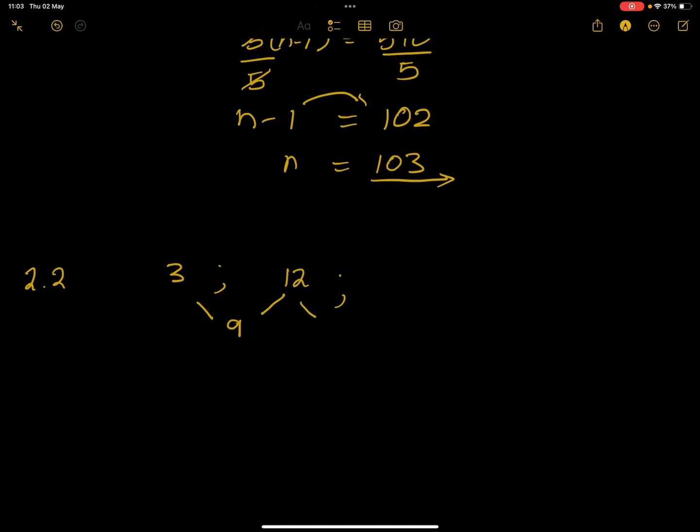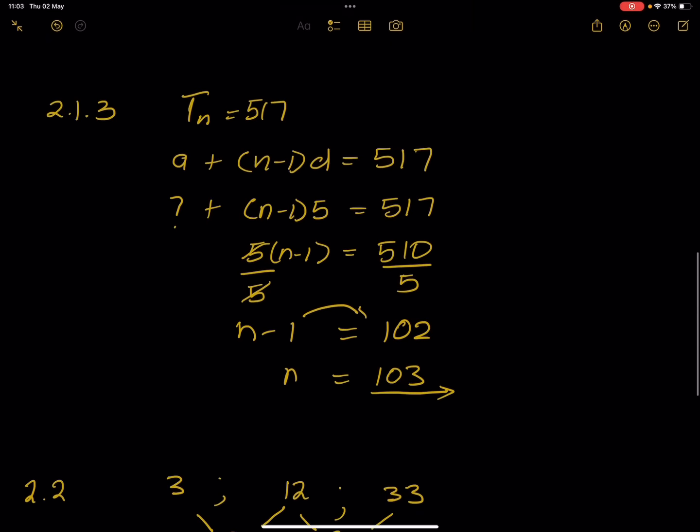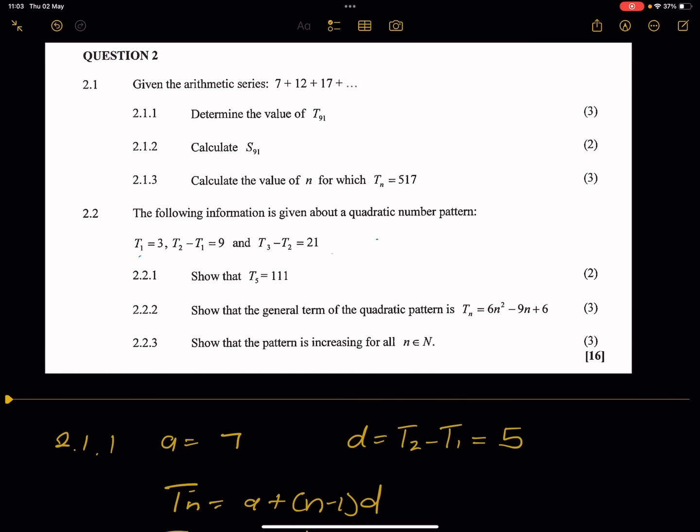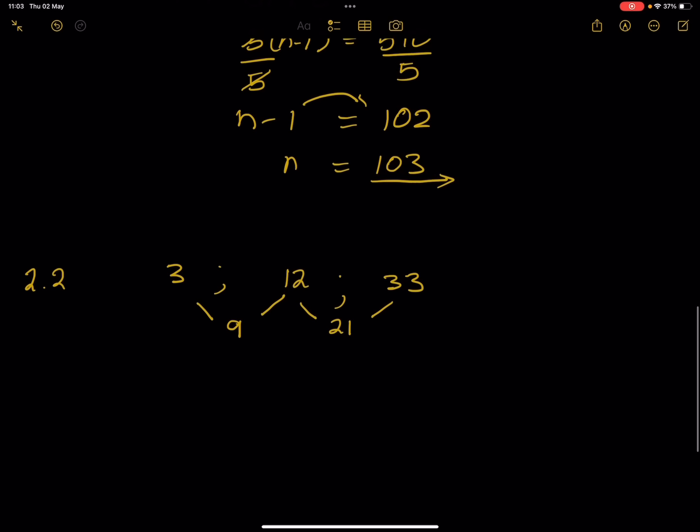So if we wanted to find the third term of the sequence, we just say 12 plus 21, which gives us 33. They say to us, show that T5 is 111. Quite easy to note there.